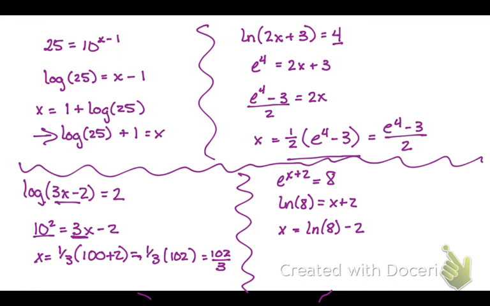So you should put natural log of 8 equals x plus 2, and then subtract your 2. So the natural log of 8 minus 2.